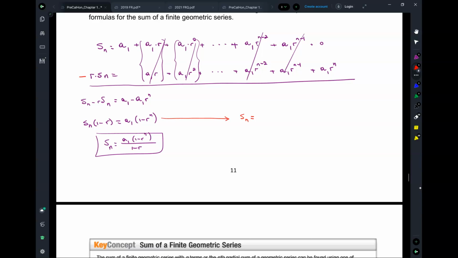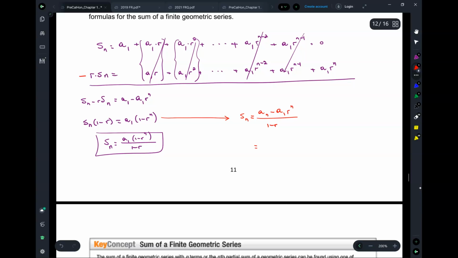This is A1 minus A1 R to the n over 1 minus R, if I distribute the A1 back. Now take a look here. This is A sub n, minus. Okay, guess what? Let's see what this is. This is kind of a little bit of a stretch.